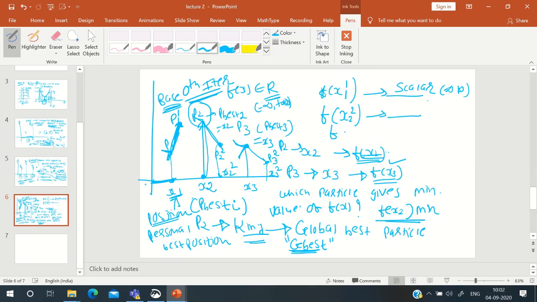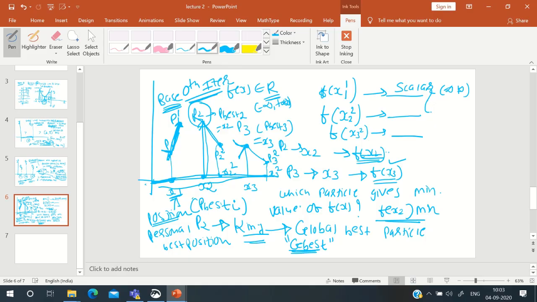So evaluate the function by replacing x by x3 superscript 2. This is the x3 value, this is the x3 superscript 2 value, right? So in f of x, replace x by x3 superscript 2, and you will obtain some scalar value.